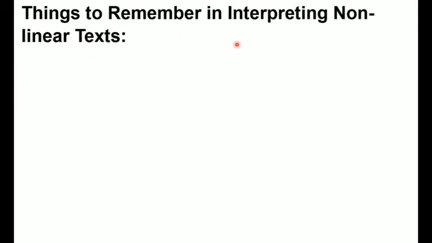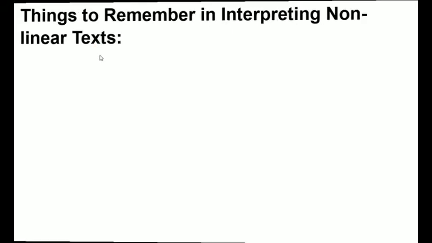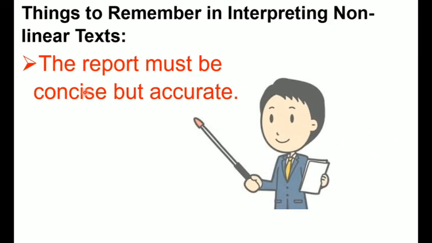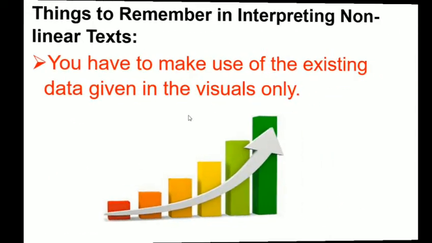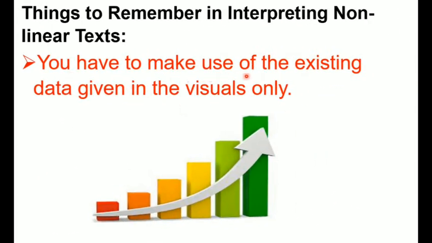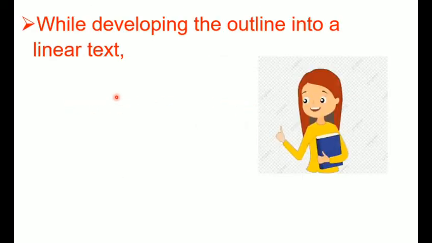Now, things to remember in interpreting non-linear text. First, the report must be concise but accurate. Next, you have to make use of the existing data given in the visuals only.